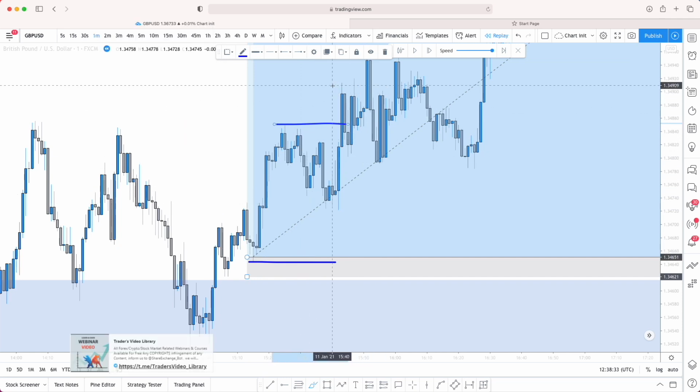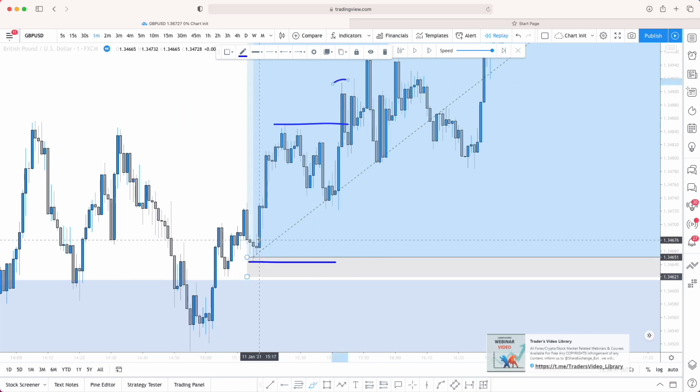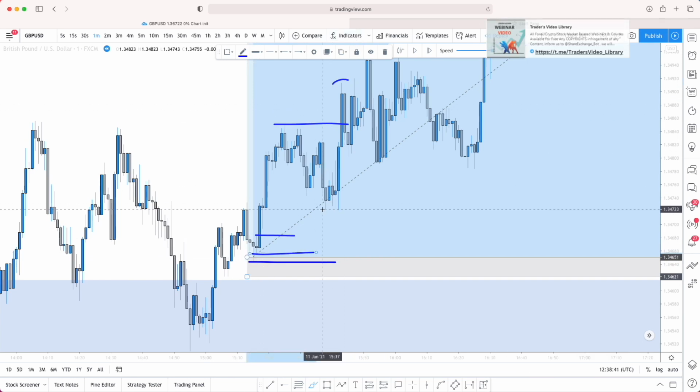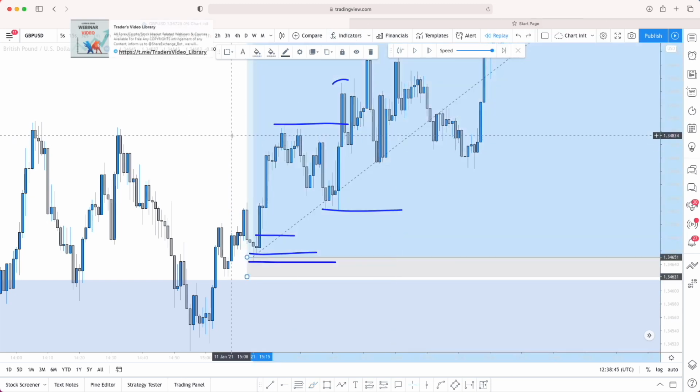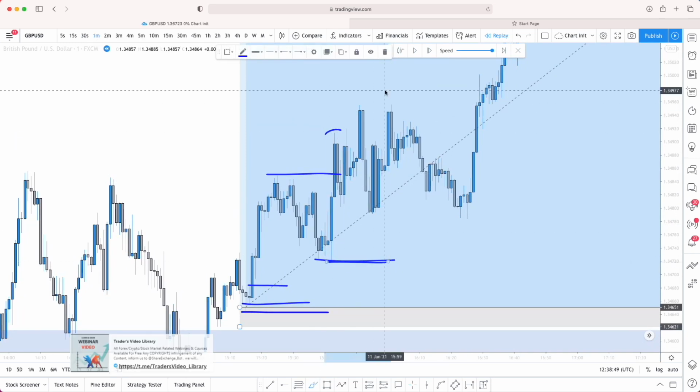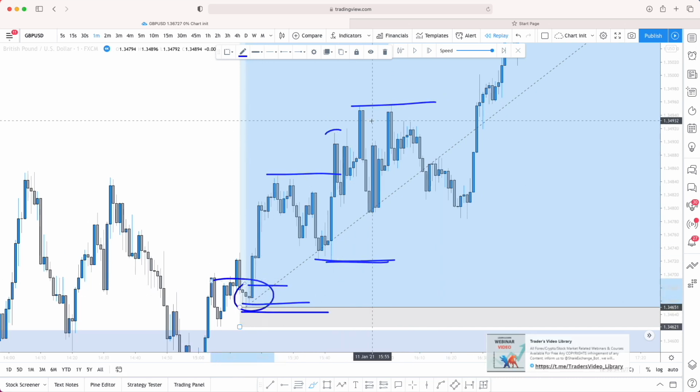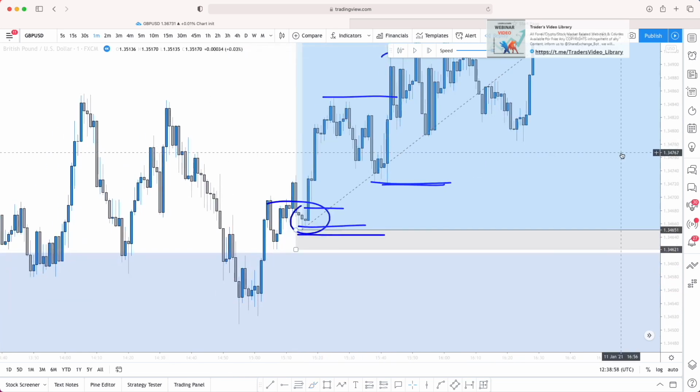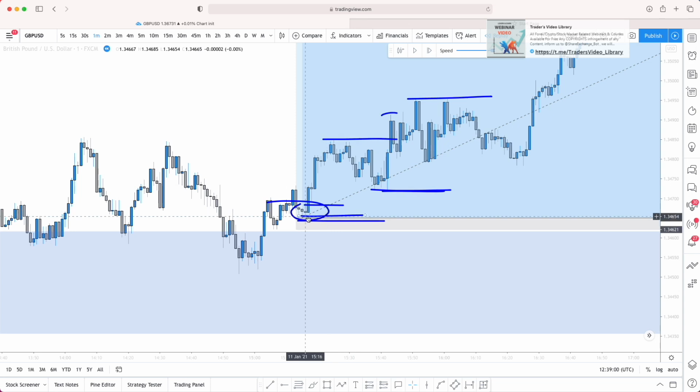This range gets broken at this point, so now we can safely move our stop loss to entry, because we're not expecting price to come anywhere near here, because it's already broken and we formed a new range from there to whatever high is being created here. So we shouldn't expect price to come anywhere near here once we break that structure. So that's how you can determine whether you're going to move your stop loss to entry or not.